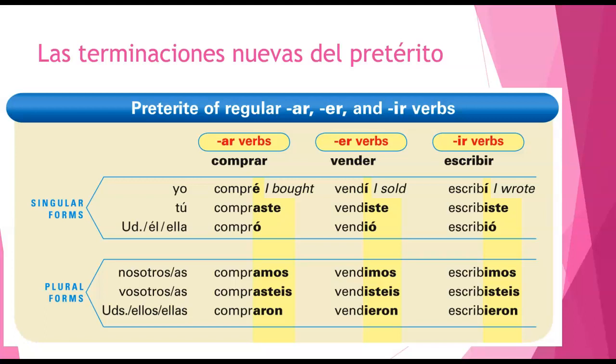So for AR verbs, we have é, aste, ó, amos, aron. And for ER-IR verbs, we have í, iste, ió, imos, ieron. And you'll notice that the é and ó, and í and ió all have accent marks. And if you notice for él, ella, usted, the accent mark falls on the o in all cases.